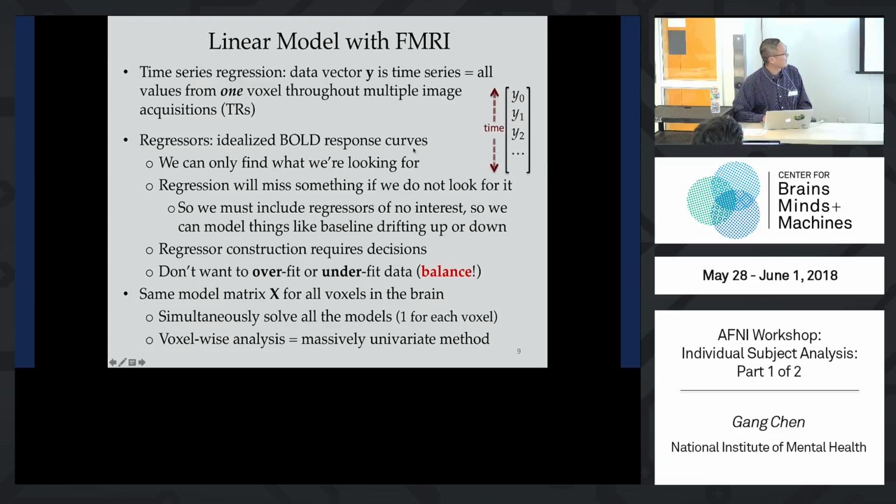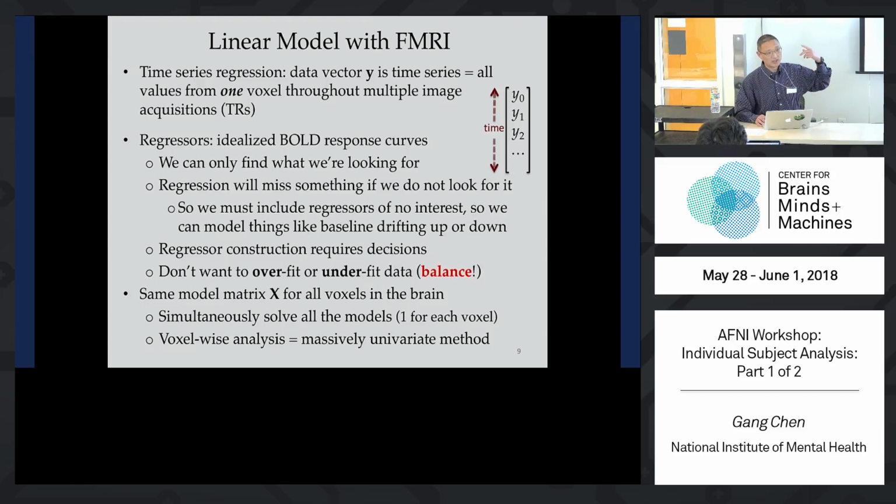For FMRI, the Y is a little bit different. It's not just some random observation of data points. They call it a time series. That means there's some temporal order, right? They're sequential. That's why sometimes we call it time series regression, to emphasize that there's a sequential or serial order among those data points.